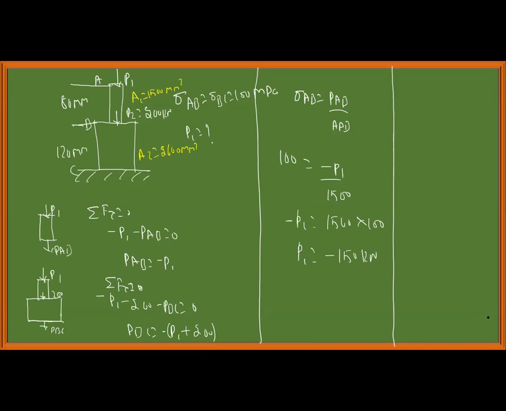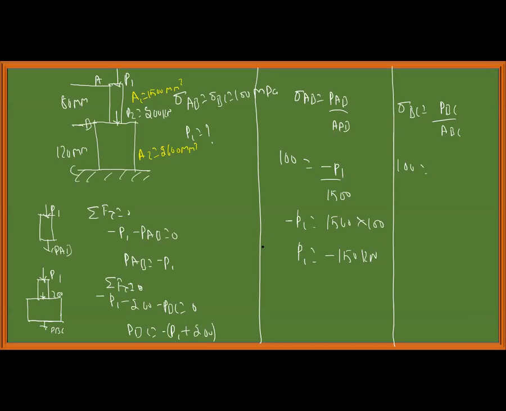Next, if I take sigma BC, which is equal to PBC by ABC, the maximum stress on this should not exceed 100 MPa.